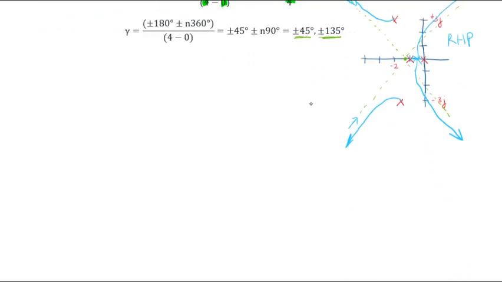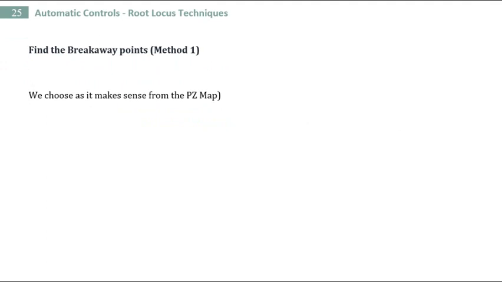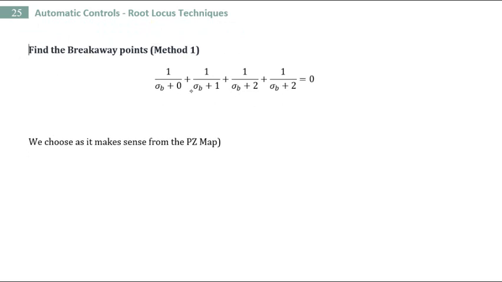So now that we've done that, let's go ahead and find the breakaway points, or at least I'll provide the expression for the breakaway points. And I'm just looking at method 1. And you see, I wanted to show you this formula. Everything else is the same as previous problems except for these two. I know I mentioned this before, but these are the imaginary poles.